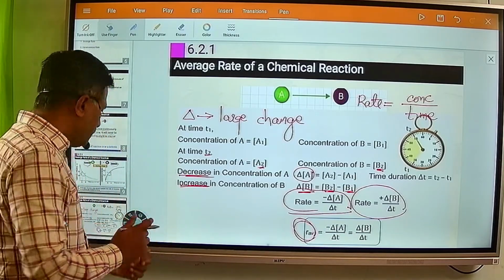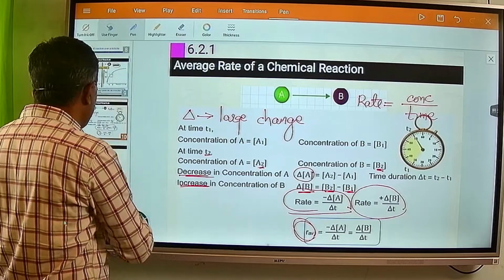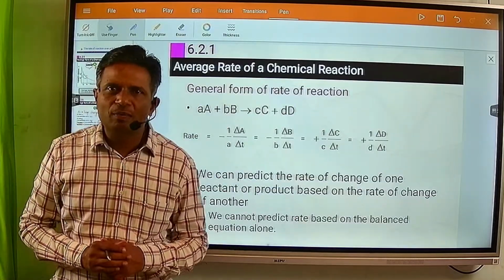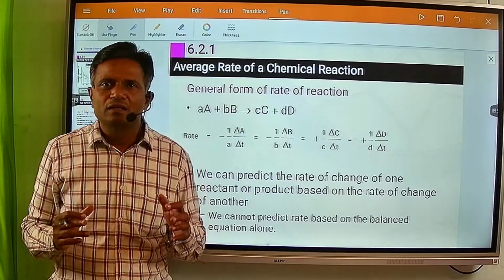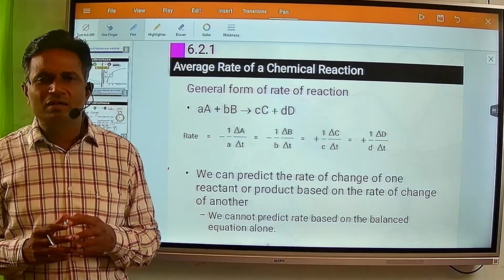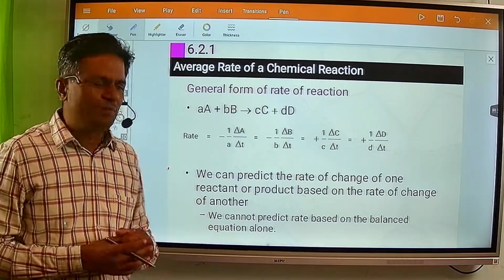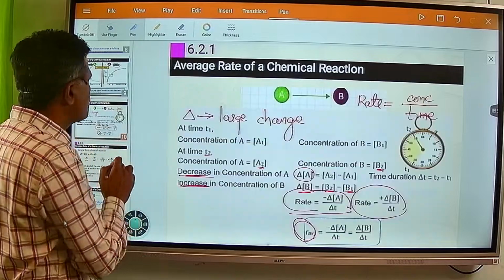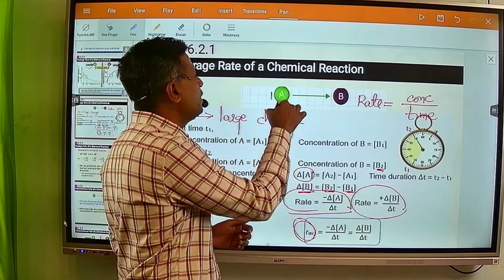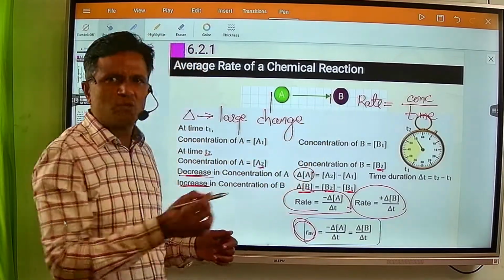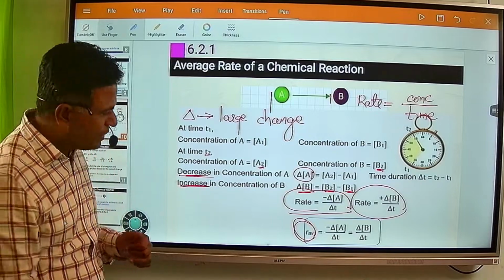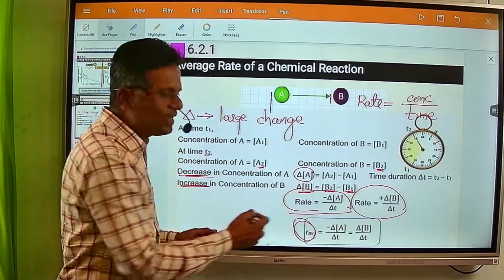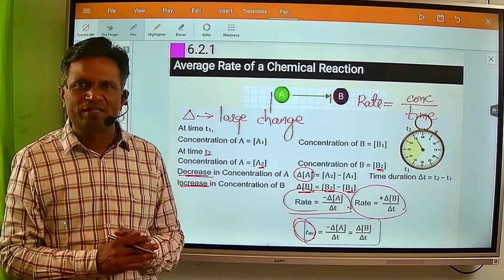But if you have any other reaction having different stoichiometric coefficients, because in the previous reaction the stoichiometric coefficient of A is 1, and of B is also 1. So this is the simple reaction, and for this simple reaction average rate expressions are also very simple.